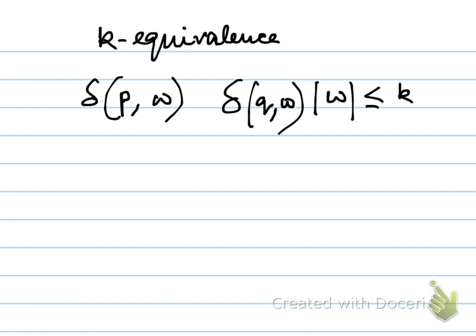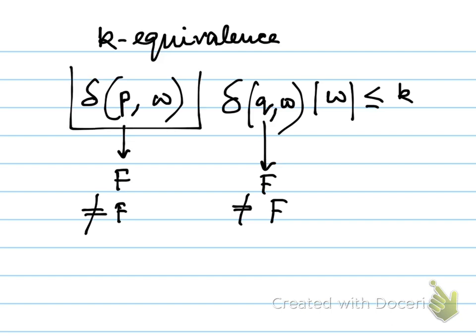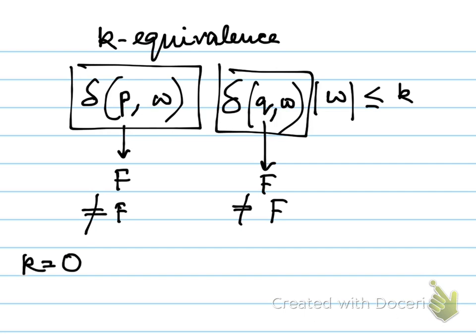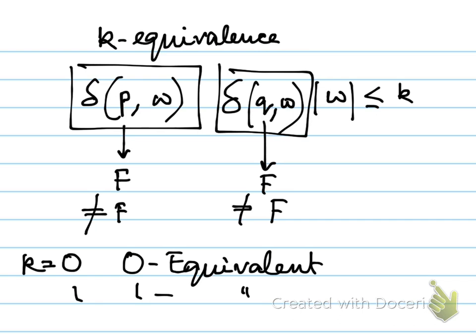That means if P is a final state, Q also must be a final state, and if P is not final, then Q also should not be final. And delta of P on W and delta of Q on W should lead to similar states. If K is equal to 0, then we say the two states are 0 equivalent. If K is equal to 1, then we say it is 1 equivalent, or 2 equivalent, and so on.